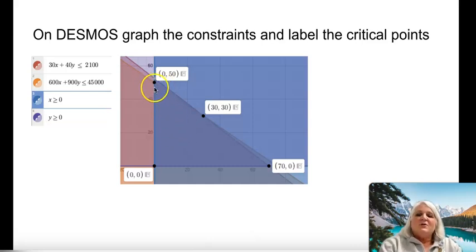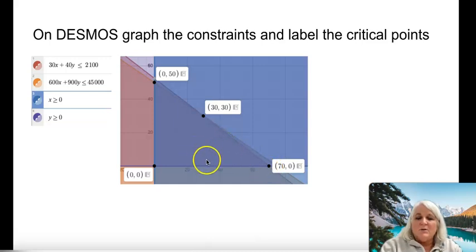Your region is this area where all of the colors overlap. And then the vertices are the change in direction points: 0, 0, 0, 50, 30, 30, and 70, 0.